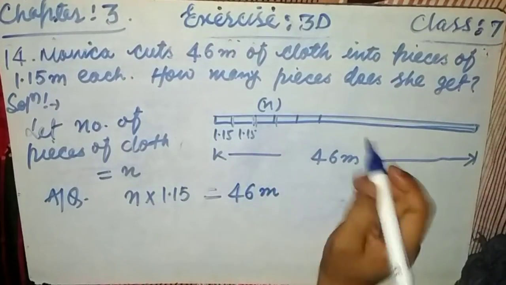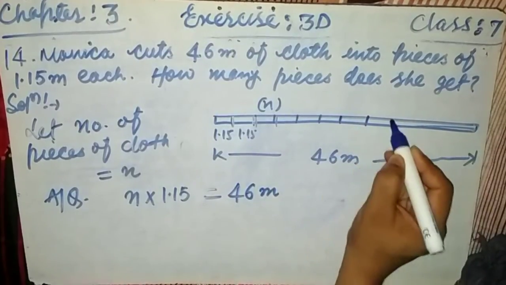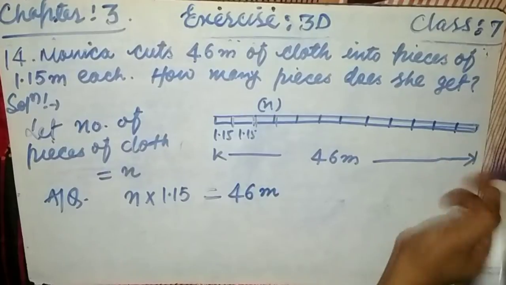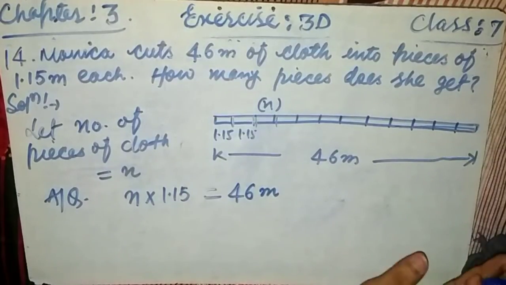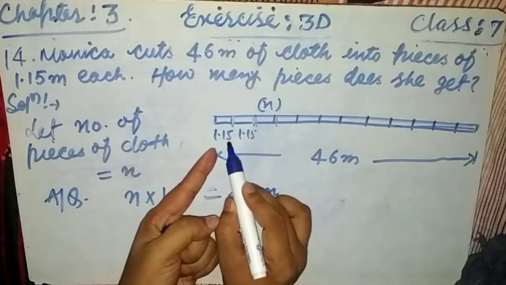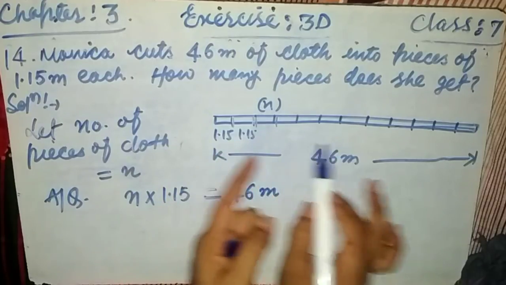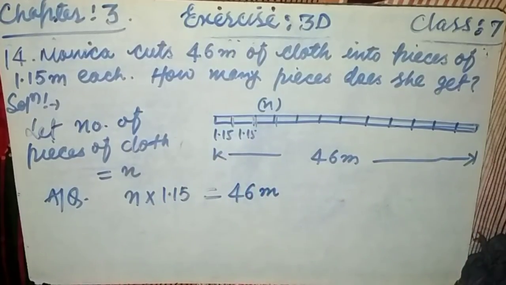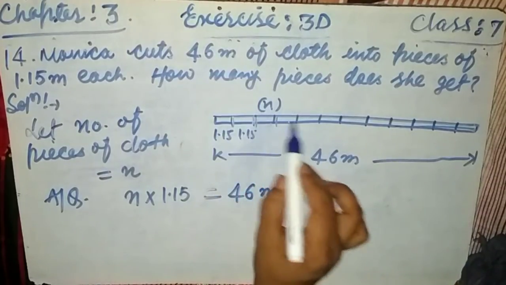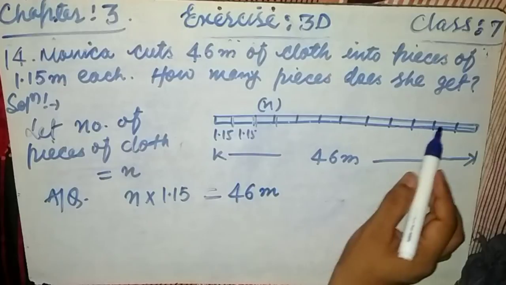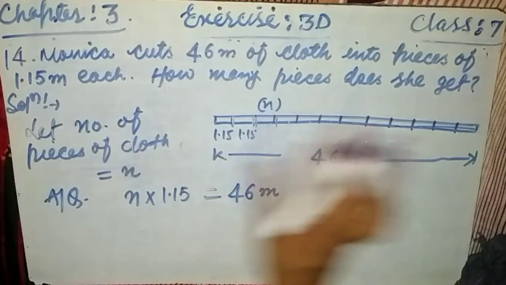That means we have to add 1.15 plus 1.15 plus 1.15, but how many times? 1 2 3 4 5 6 7 8 9 10 11 and 12. Suppose there are 12 pieces.